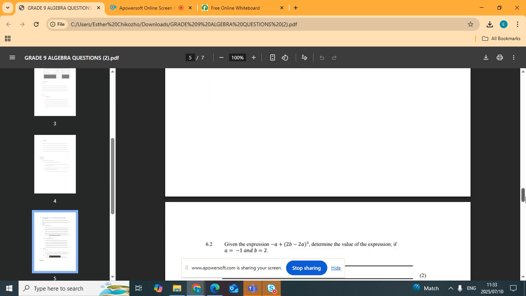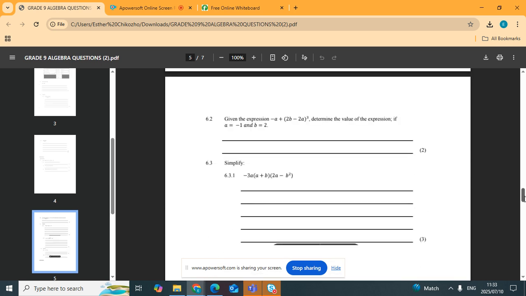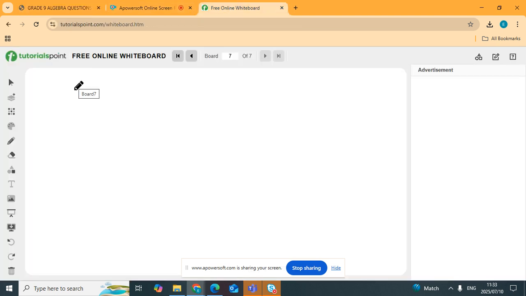Okay, let us go on to question 6.2. Now, you're given the expression minus a plus 2b minus 2a cubed, and you're asked to find the value of the expression if a is equal to minus 1 and b is equal to 2.